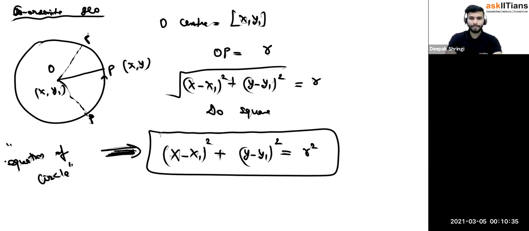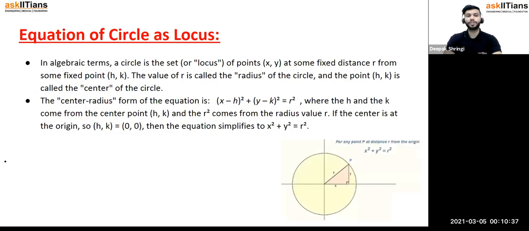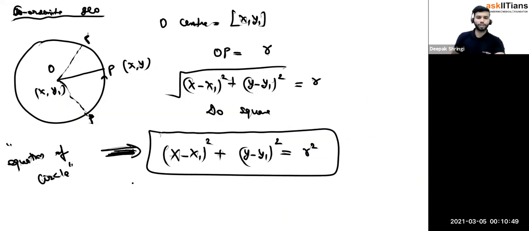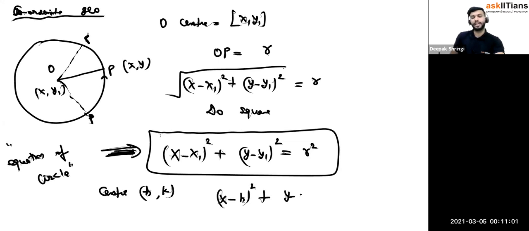Let's come back and see what we wrote earlier. We wrote that in algebraic terms, a circle is the set of points at some fixed distance R from the fixed point h comma k. The value of R is the radius and h comma k is called the center. That's fine. If you want the center to be h comma k, then at the place of x1 I can put h, and at the place of y1 I can put k, it doesn't matter.